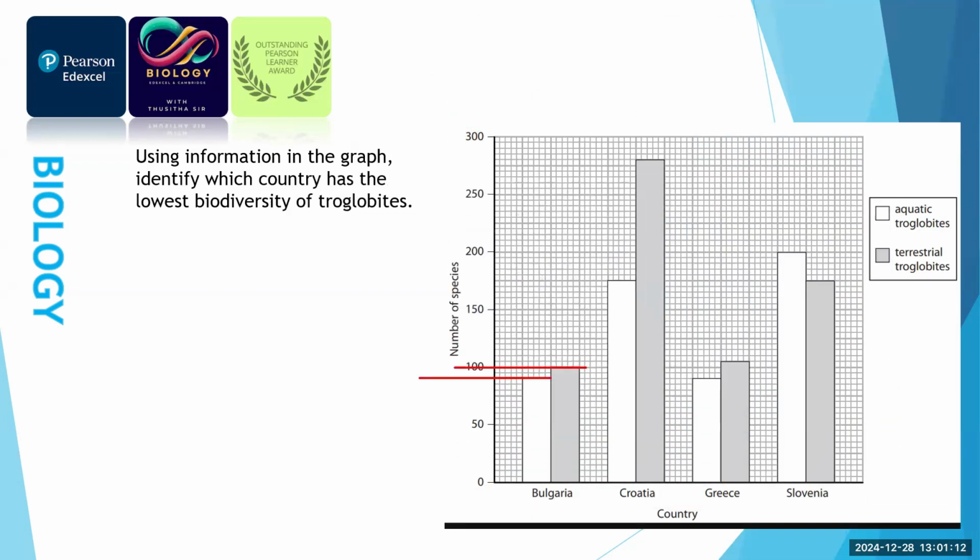Coming back, lowest biodiversity, in this case species biodiversity, we can see the lowest species found in Bulgaria. If you add these 2 bars together, the number is 190, which is a little higher than the Greece one. Croatia has the highest biodiversity.